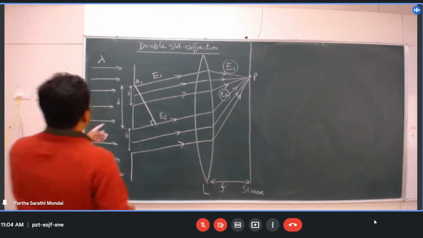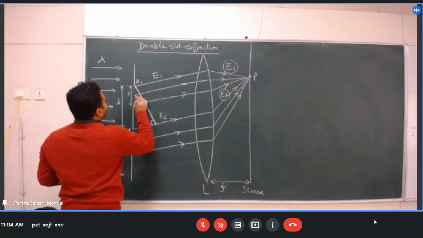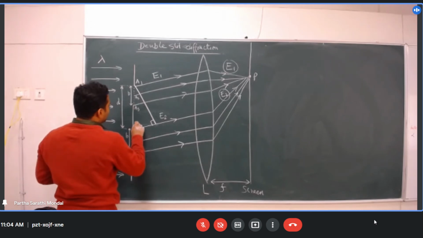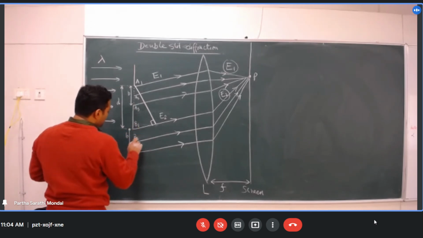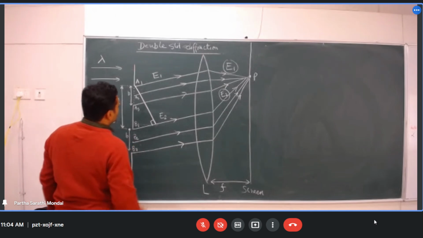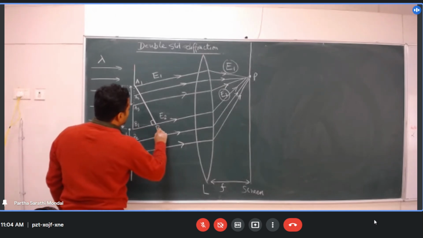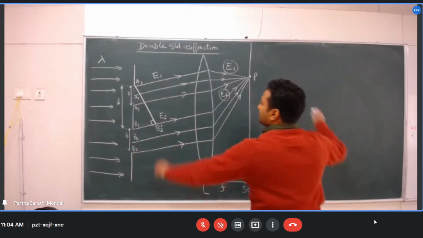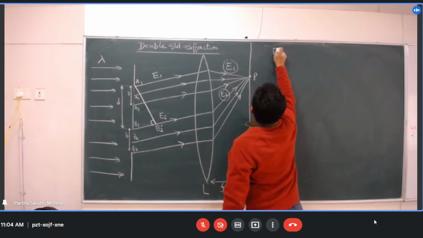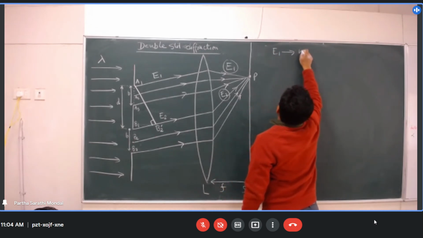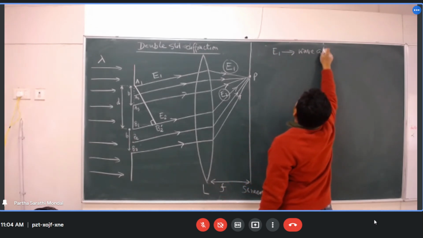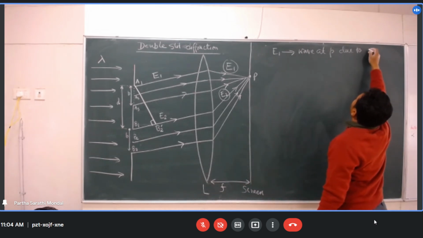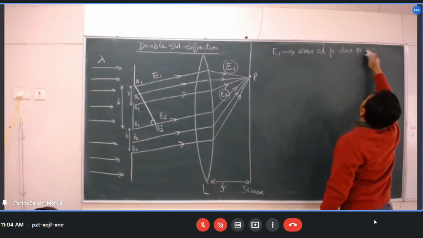तो जो मैं कह रहा था, so A1, ये A2 है, ये आपका A3 है. सिमिलरली इसके लिए क्या होगा? सेकेंड स्लिट के लिए B1, B2, B3. तो ये B1 और B2 dot जो है, this is the path difference between E1 and E2. So E1, let's say the wave at P due to the first slit 1.